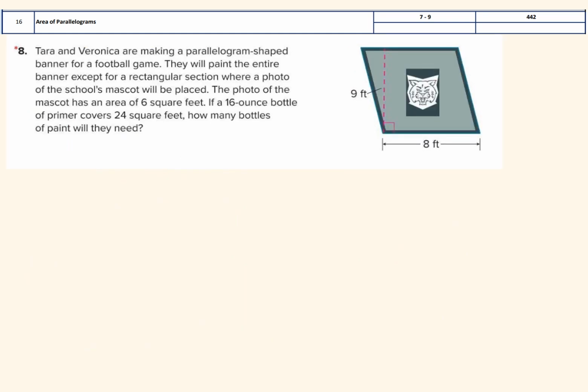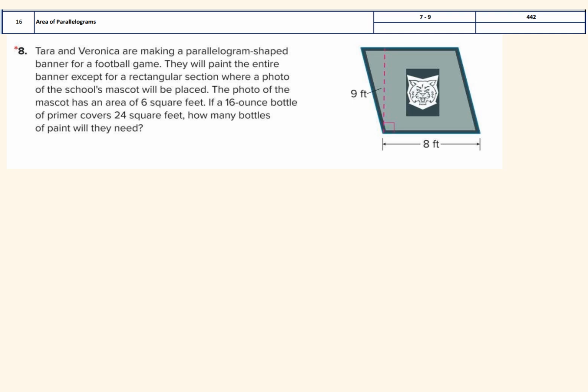Question number 8. Tara and Veronica are making a parallelogram shaped banner for a football game. They will paint the entire banner except for a rectangular section where a photo of the school's mascot will be placed. The photo of the mascot has an area of 6 square feet.